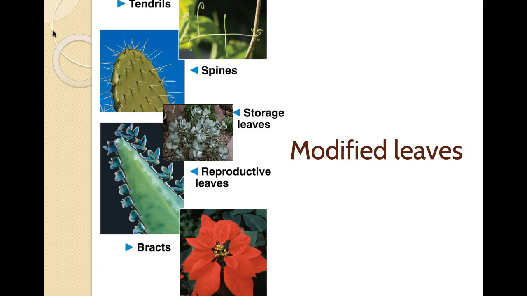And finally, the last type of modified leaf is a bract. Now, when you see a poinsettia in all the red foliage, you think of a flower, which I certainly do too. But in fact, those red flowers are not really flowers. Those are the leaves. So they have red leaves. The flower of the poinsettia, and you'd have to look really close on this picture, are the yellow inside the center. Those are the flowers. The red is a modified leaf known as a bract.